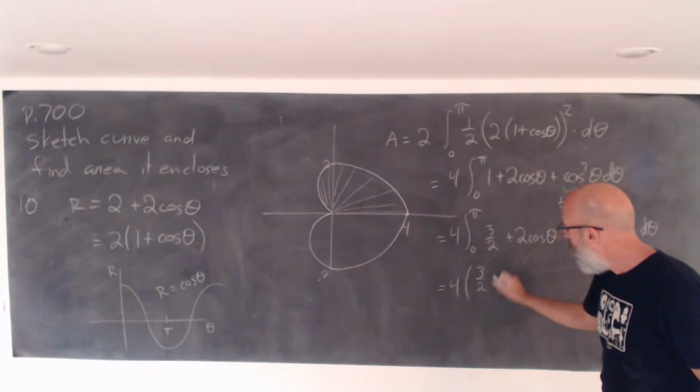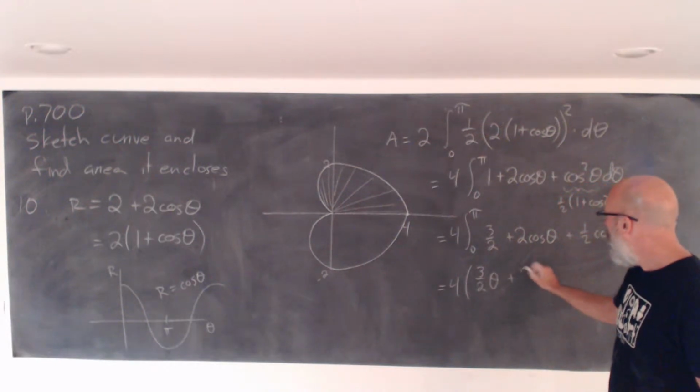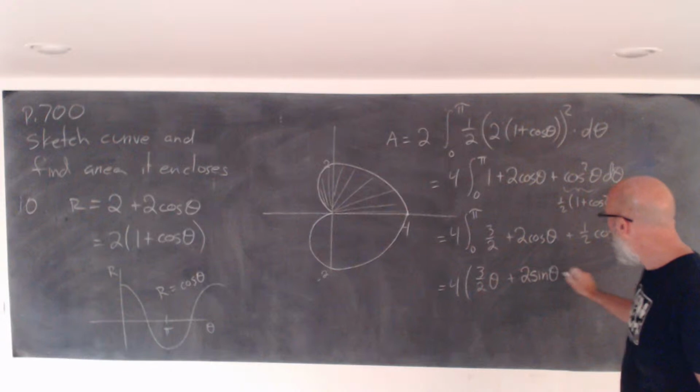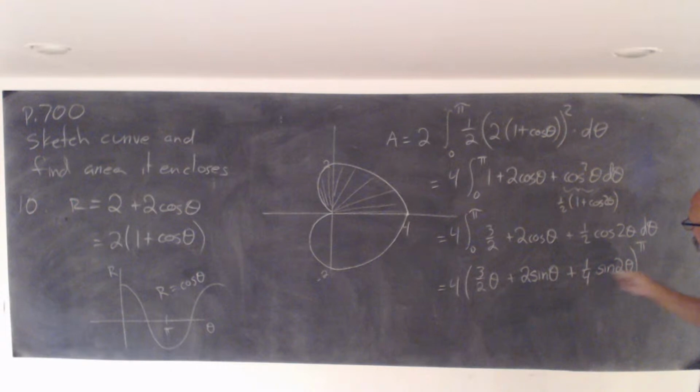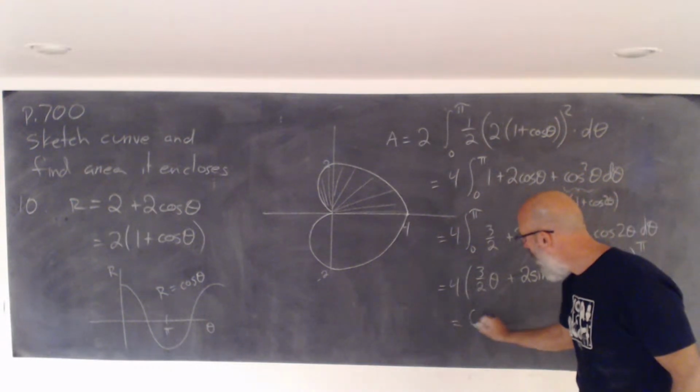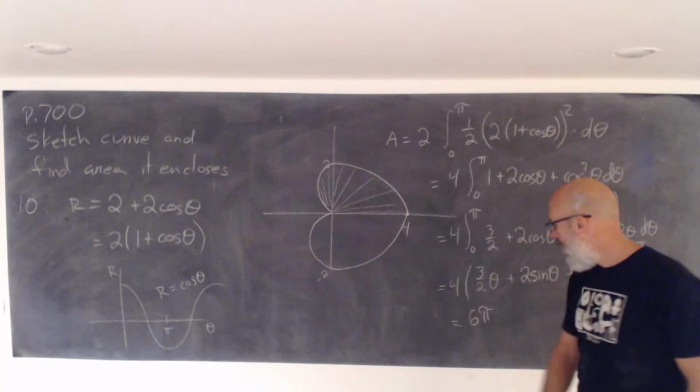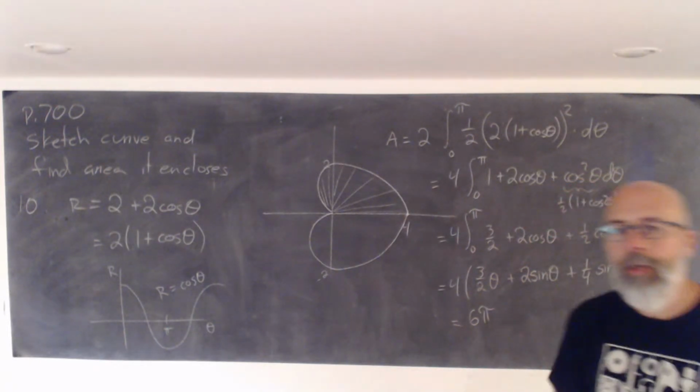So 3/2 theta, 2 sine, and 1/4 sine 2 theta between 0 and pi. When you plug in pi into these, you get 0. When you plug in 0, you get 0. So the whole thing is 6 pi. There it is.